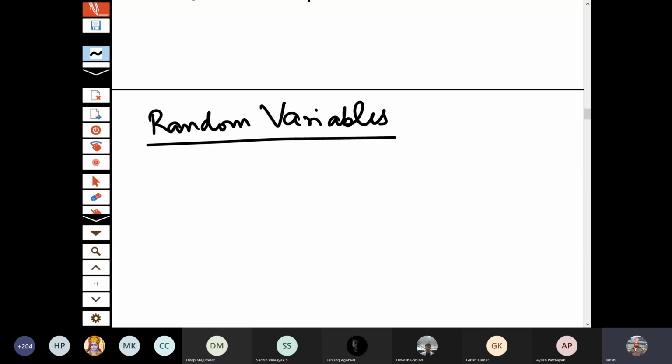Okay, so finally it is reducing to certain numbers. If with each outcome of the sample space we associate a real number, it is called a random variable.